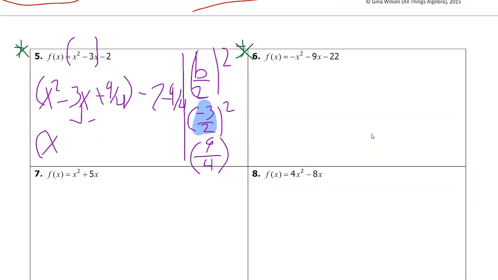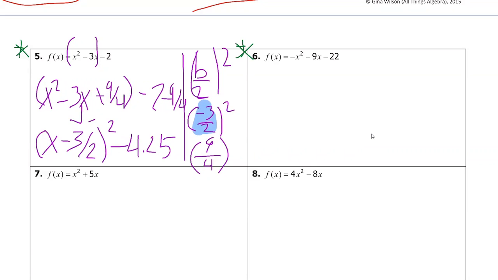Since it was a -3/2, I'm going to have a -3/2. And then -2 minus 9/4. You could put that in a calculator, or 9/4 is really 2.25. So that would be -4.25 if you want a decimal.